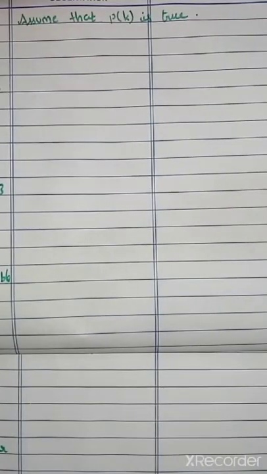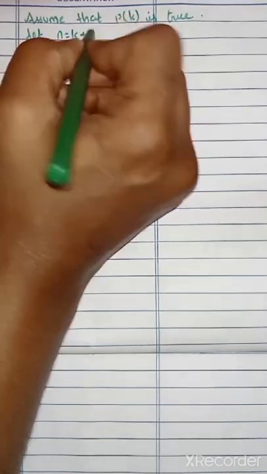So we have to assume that P of k is true. And what is the last one? Let n equal k plus 1.